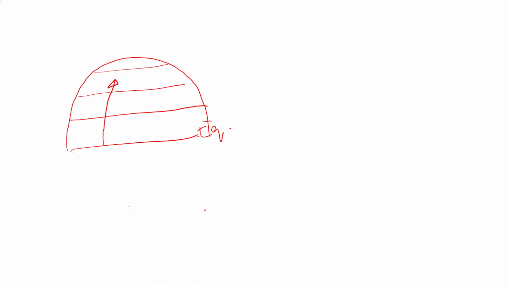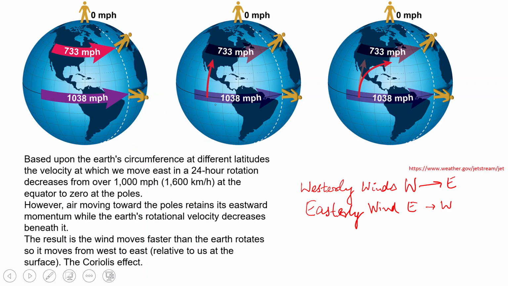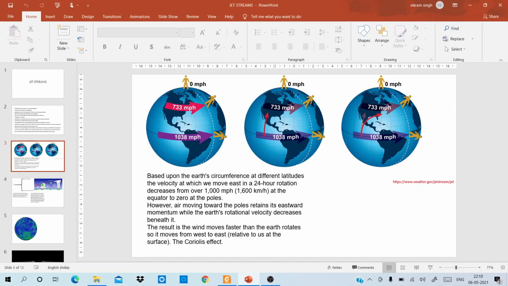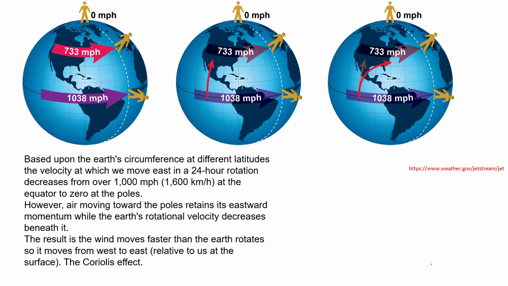Now, this air mass will have an eastward component, and that angular momentum will be conserved. Let us say that a particular air mass is moving at the equator, and from here it is going towards the poles.